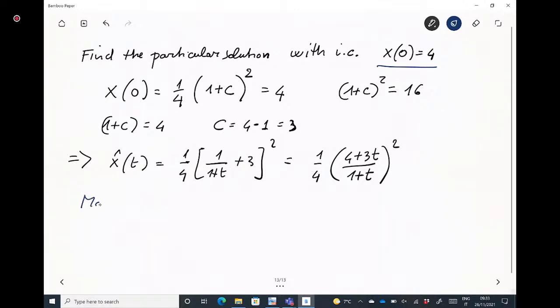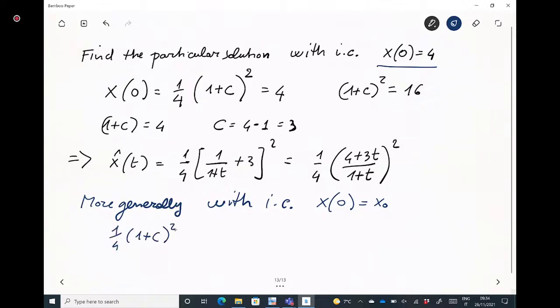So let me do that. More generally, with initial condition x at time 0 equal to x0, all the same steps, okay? Here we get 1 over 4, 1 plus c squared equal to x0.